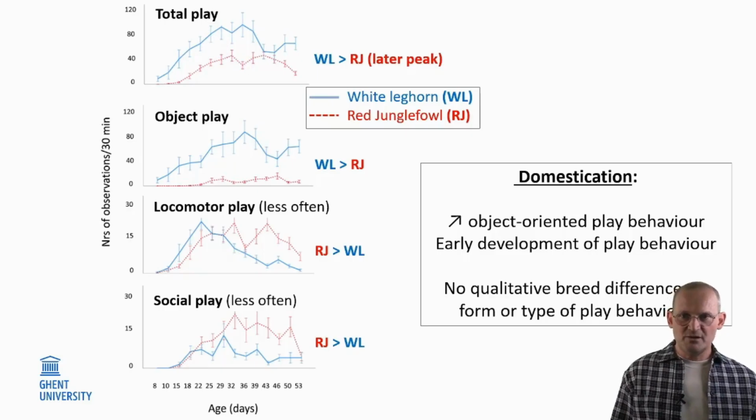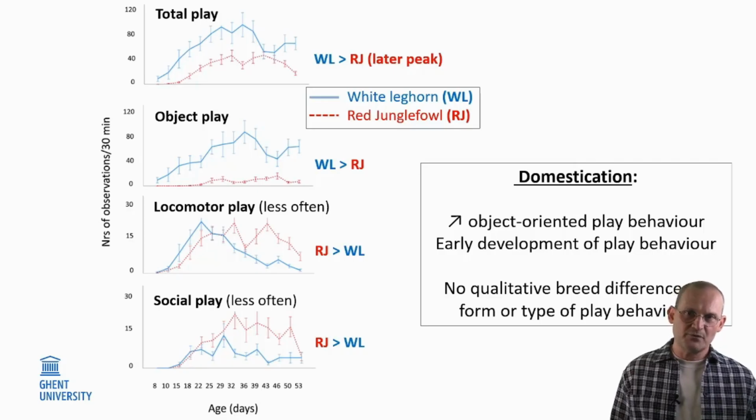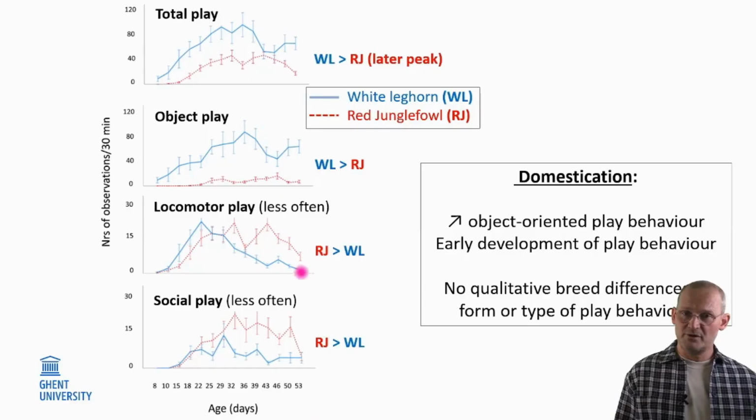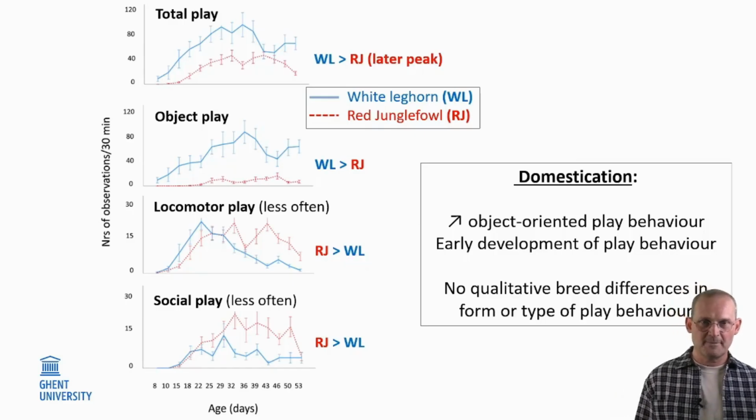But when they then looked at which type of play behavior was shown, it turned out that the difference was mainly due to object play, and that the white leghorn showed much more object play than the red jungle fowl. But when we looked at the other behavior types, such as locomotor play and especially social play, then it was actually the reverse, and it was the red jungle fowl that performed more of that play behavior compared to the white leghorn.